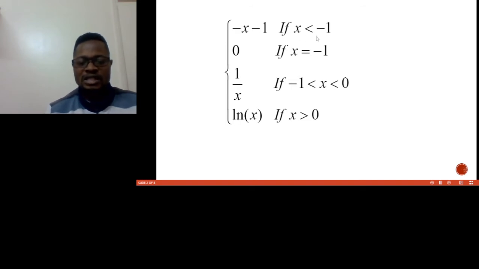This is the sign of less than, the mathematical way of representing less than. It is 0 if x is equal to negative 1, 1 over x if negative 1 is less than x and x is less than 0, and ln of x if x is greater than 0.